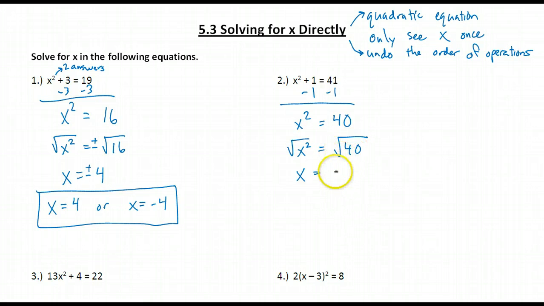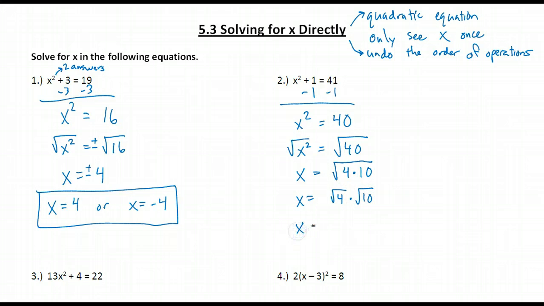To simplify the square root of 40, I'm going to break it apart into a factor of a perfect square times another number. So 40 is 4 times 10. I picked 4 because 4 is the biggest perfect square that divides 40. Now I can distribute that square root to the 4 and to the 10.